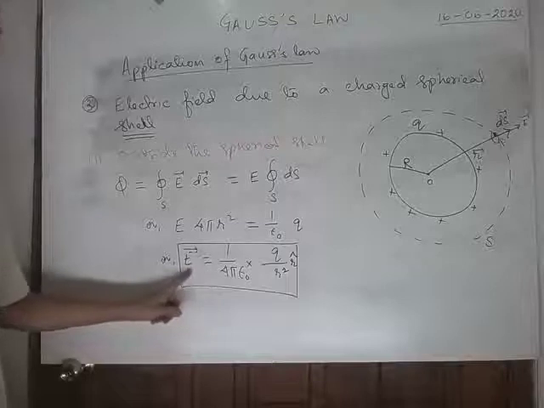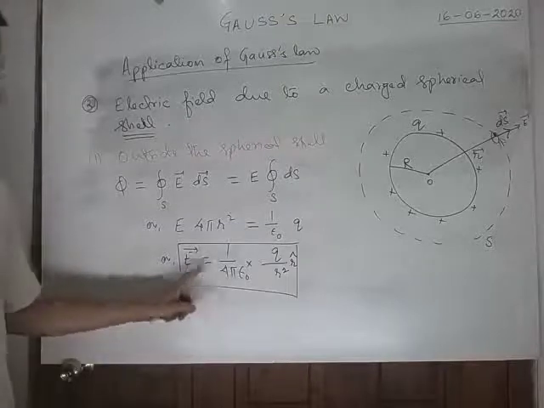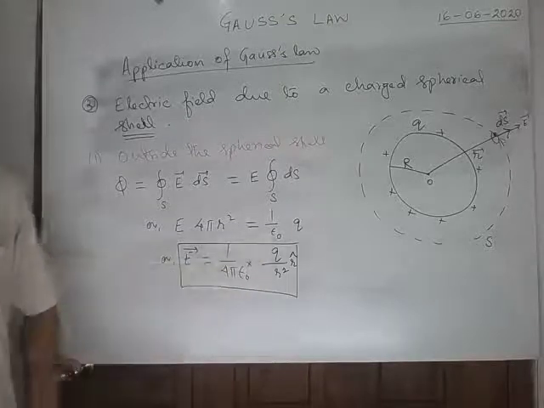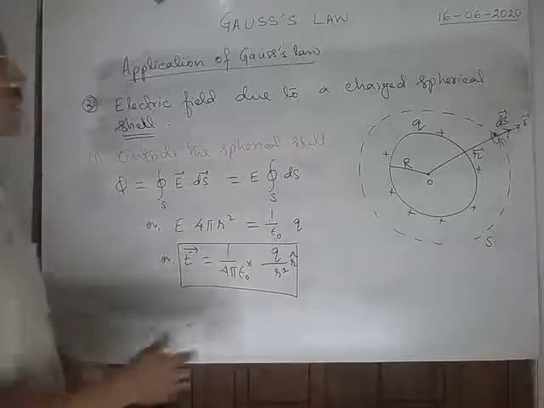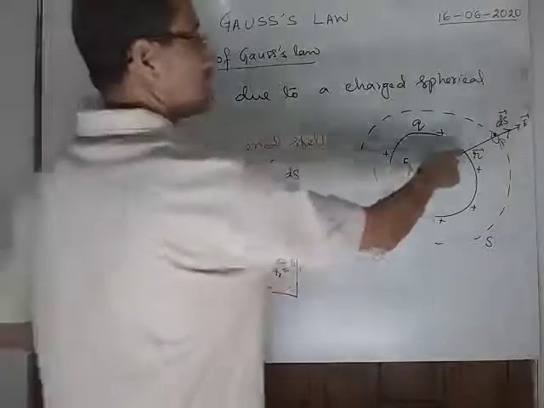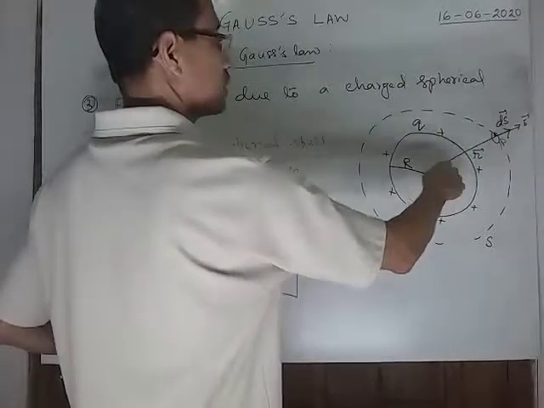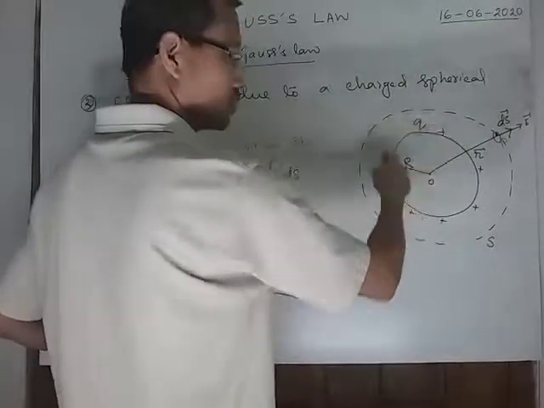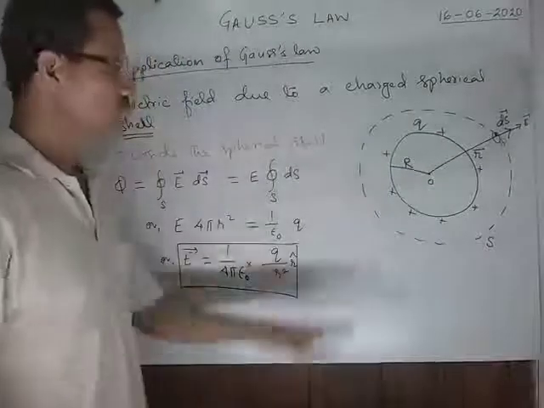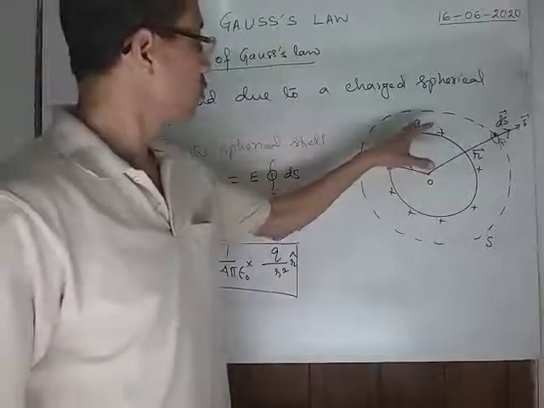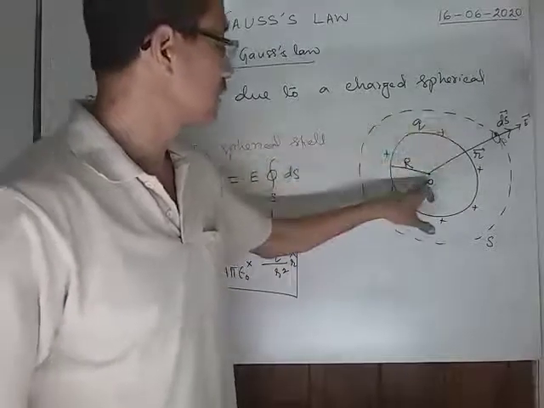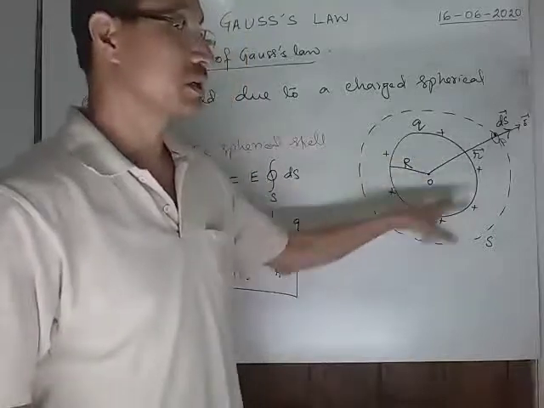Now, what can be found from this again? What happened? This is just like the electric field due to a single point charge, right? What I said is, if the point of observation is outside the charged body, then we need to suppose that the whole charge is concentrated at the center of the spherical charged body.